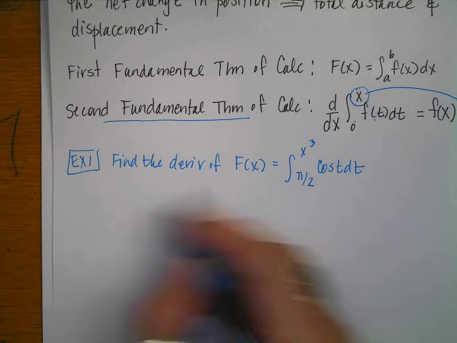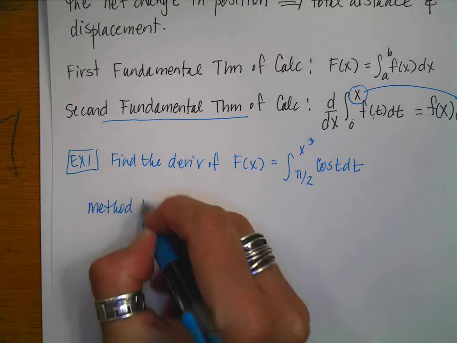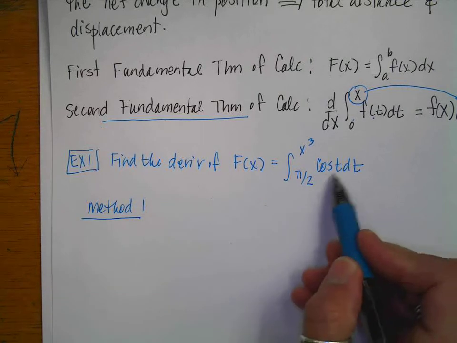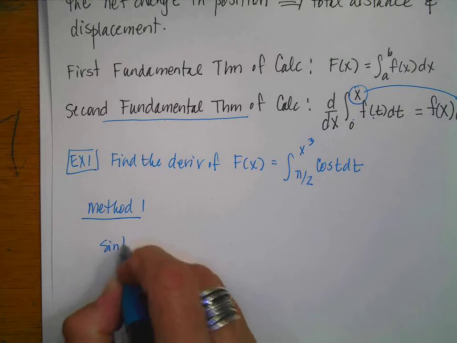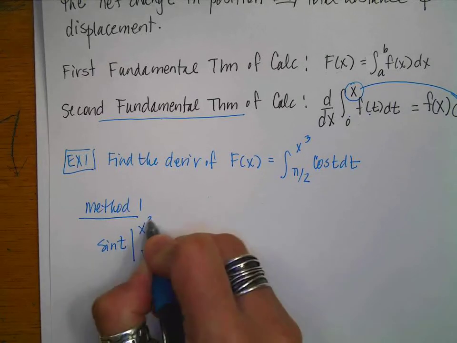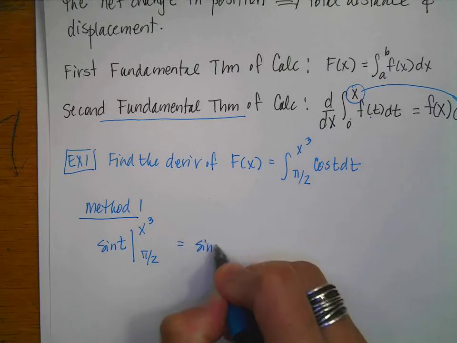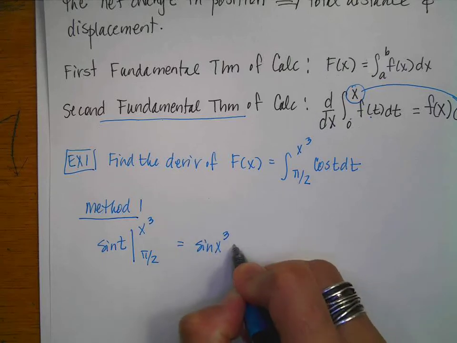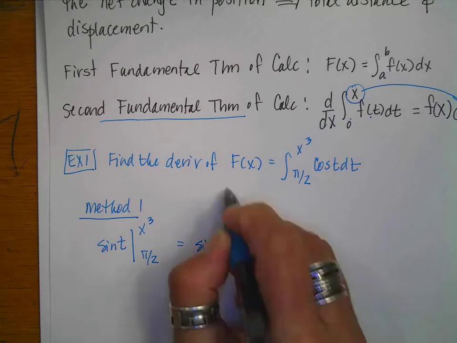The first thing I'm going to do is method 1. When I start, I'm actually going to do the integration. The integral of cosine would be the sine of t evaluated from pi over 2 to x cubed, okay? So then that's going to be the sine of x cubed minus the sine of pi over 2.